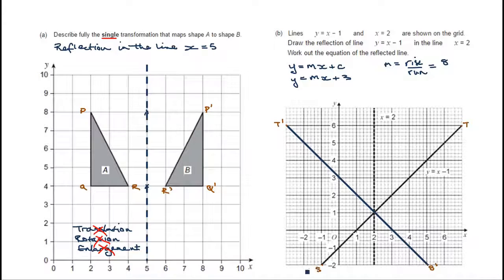So the run is negative, in other words, 8 divided by minus 8, which gives us minus 1. So finally, we've got our gradient of negative 1. Therefore y must equal negative x plus 3. Okay.